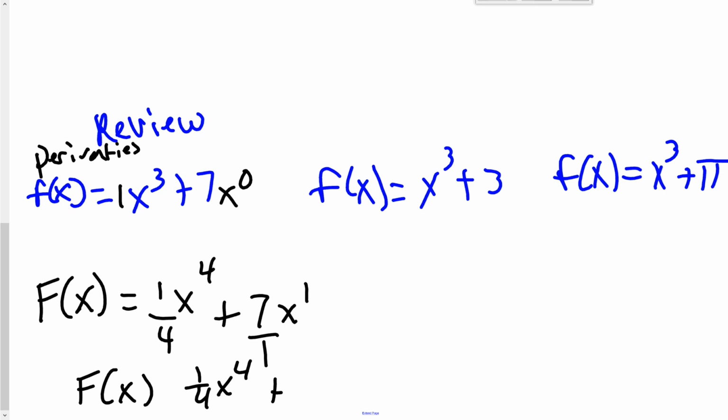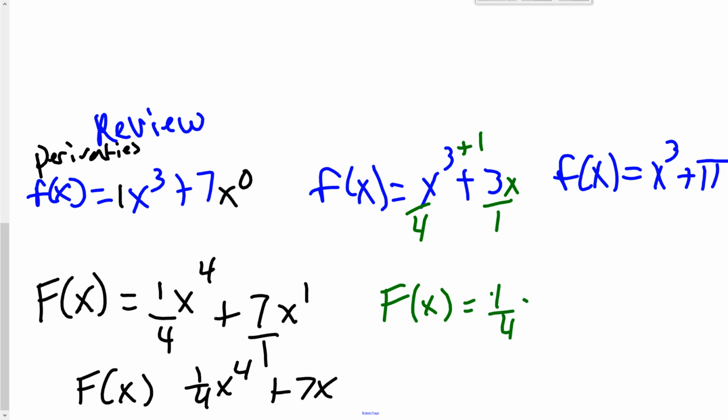And we can always check these by just taking the derivative of them. So this one we're going to add 1 and then divide by that number, so divide by 4. So the antiderivative is 1/4 x to the 4th plus 3x.